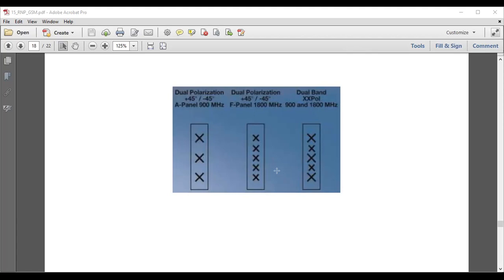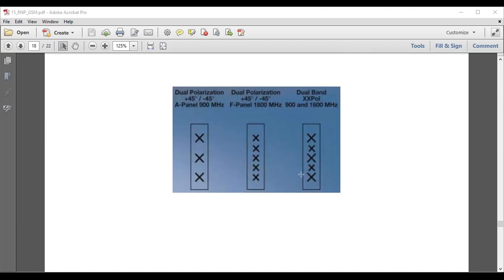So, consider the left two: the antenna array in one casing supports 900 megahertz, and a separate casing houses the antenna arrays for 1800 megahertz. Of course, the higher frequencies will use smaller dimensions for your antenna elements.